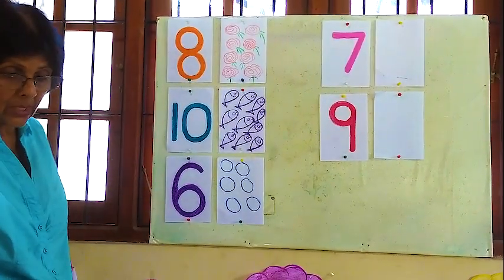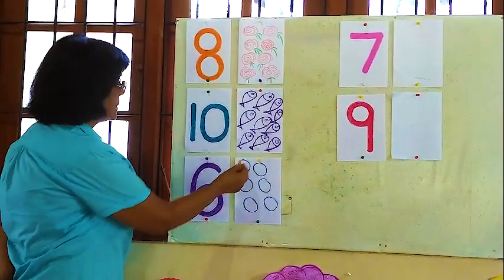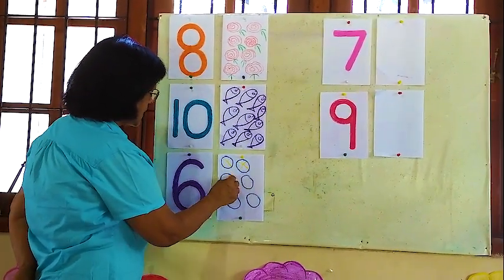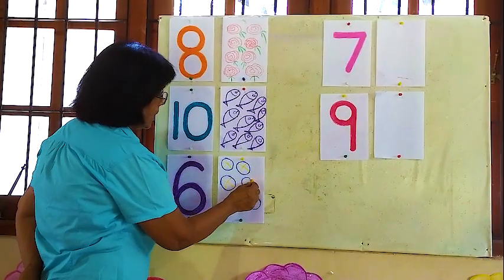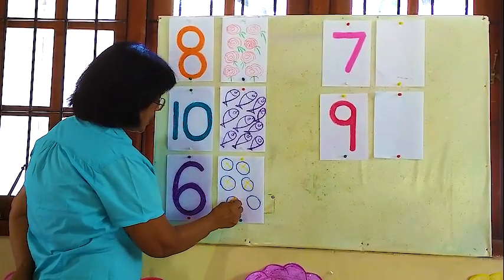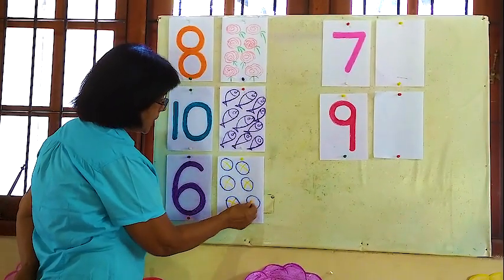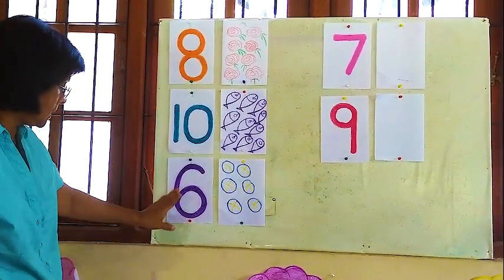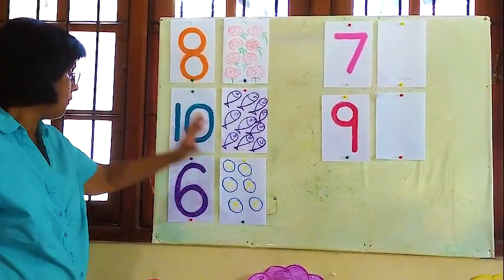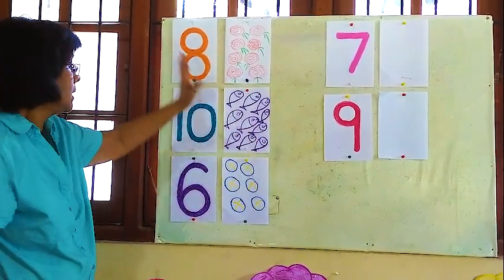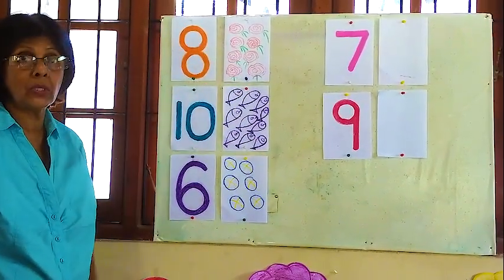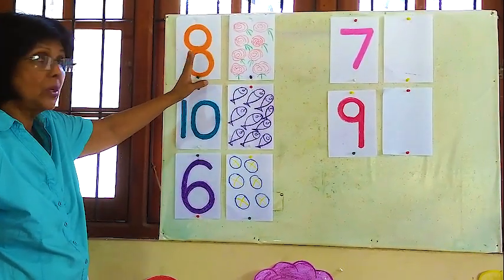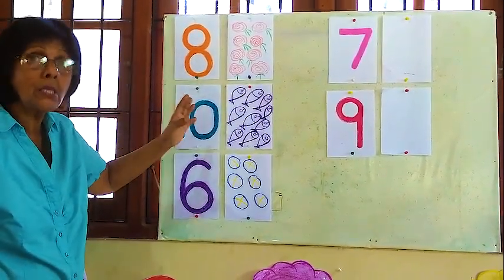For 6 balls. If you want to draw anything you like, you can draw. But you have to draw 6 pictures. 6 things. For 6 pictures, for 10 pictures, for 8 pictures. You can't draw more than that. You have to draw the pictures to the given number.